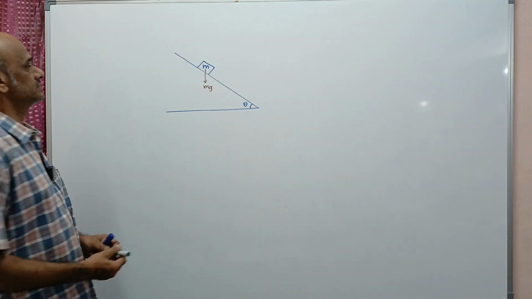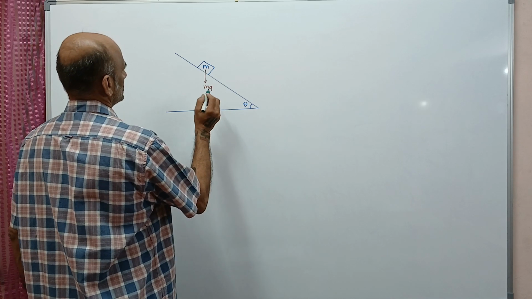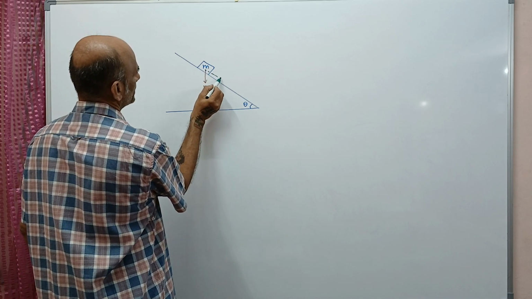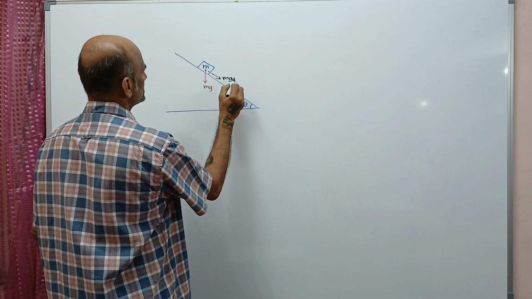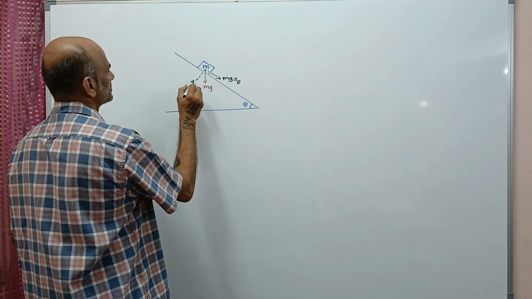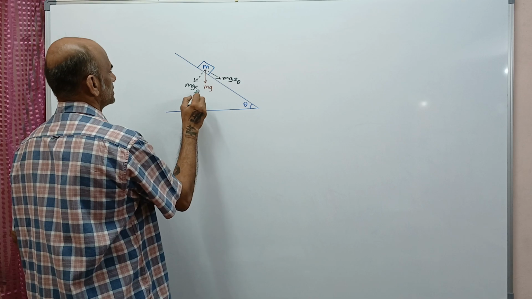In this particular case, since there is no other force acting on this block, the weight component acting along the plane in the downward direction is mg sine theta, and the normal component is mg cos theta.